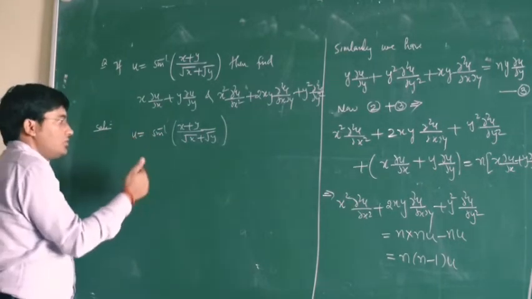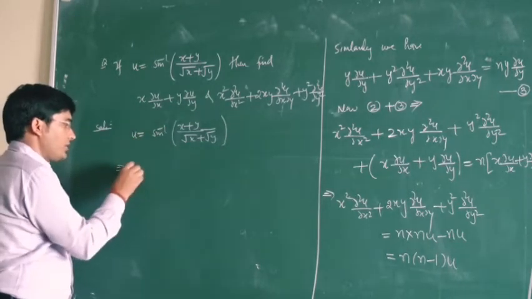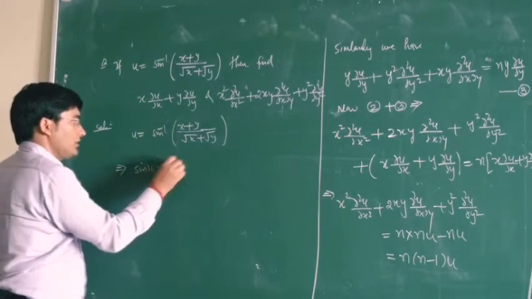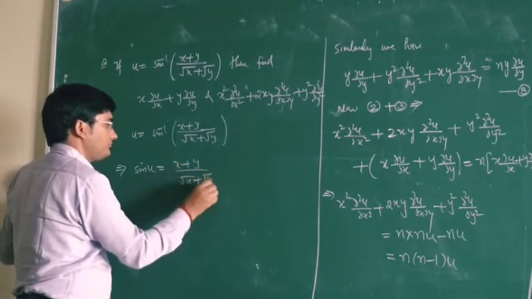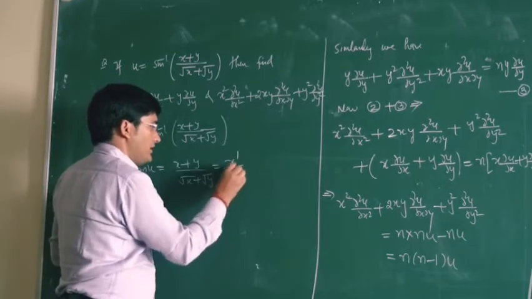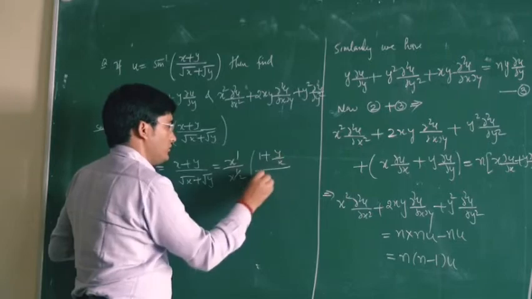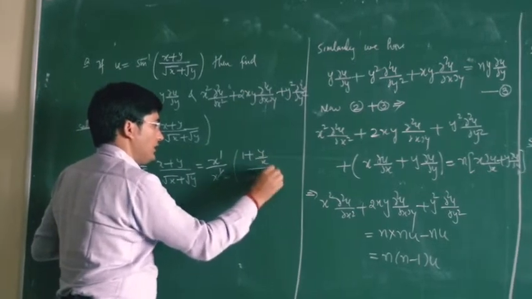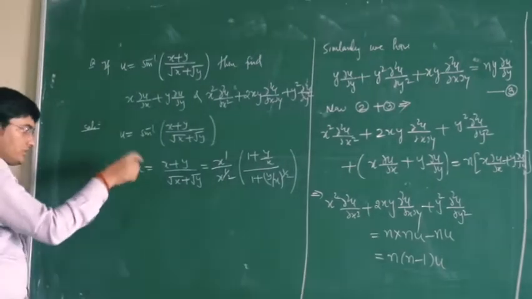So to make u homogeneous, let us take this sin inverse on the left hand side. So we have sin u equal to (x plus y) upon (under root x plus under root y). Now if you take x common here and x power half here, then we will have 1 plus y upon x, then 1 plus y upon x whole power half. So let us assume this sin u as z.